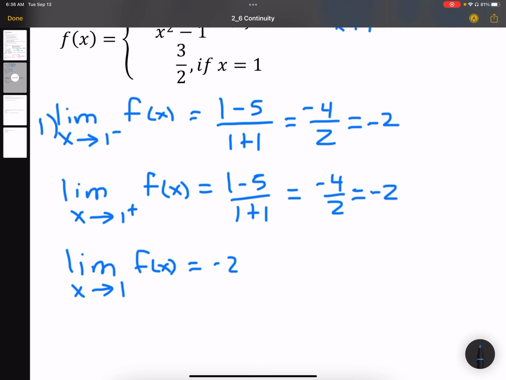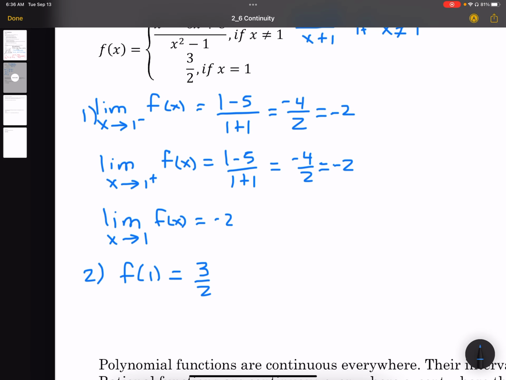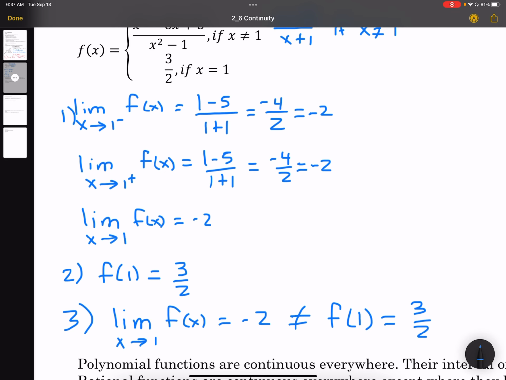So that first criteria, that the limit exists, is met. The second criteria, that f of 1 exists, is also met. So I think f of 1 was 3/2. And so now our third criteria is, does f of 1 equal the limit as x approaches 1? And for that, we're going to get no. The limit as x approaches 1 for f of x, which is actually equal to -2, is not equal to f of 1, which equals 3/2.